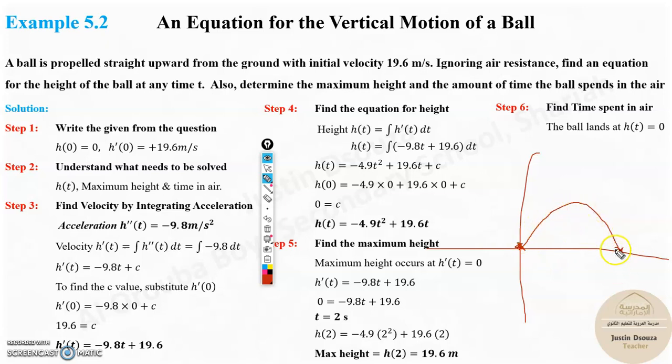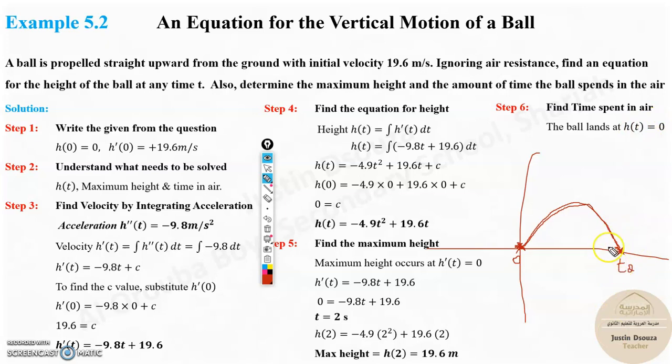So when it touches the ground, what is the height? Height is 0. So it starts from here, it goes up like this, and it falls down. From this particular point, from 0, it is in the air, flying up, up, up, and then it comes down. At h of t equal to 0, this will be the second time, time 2.